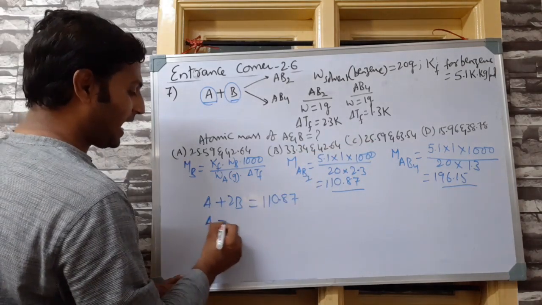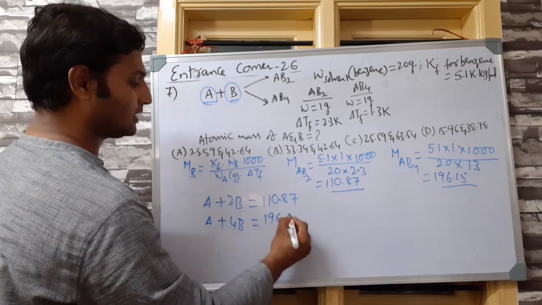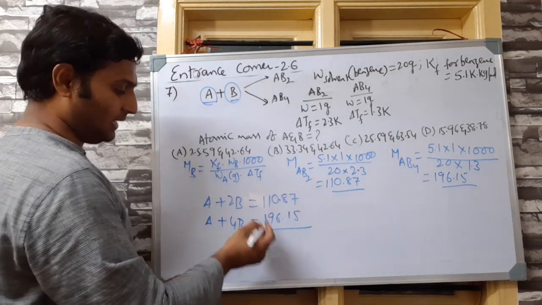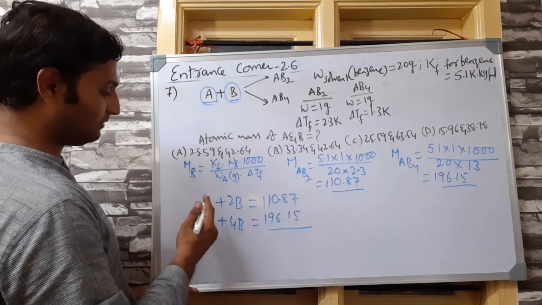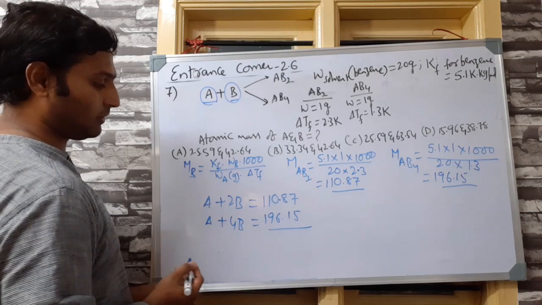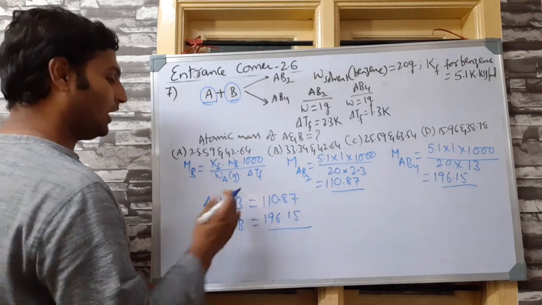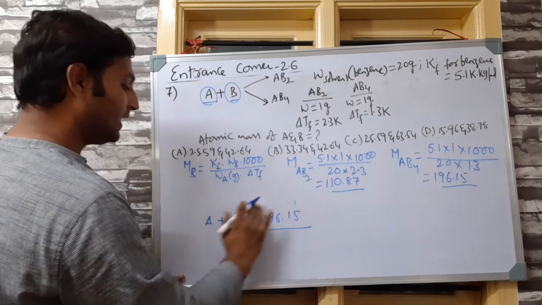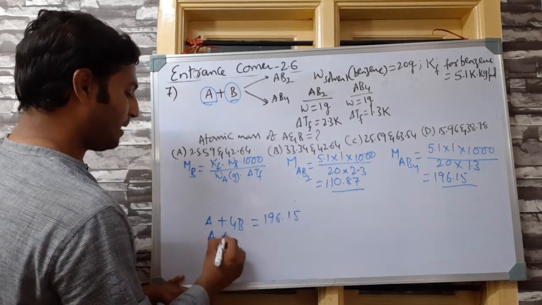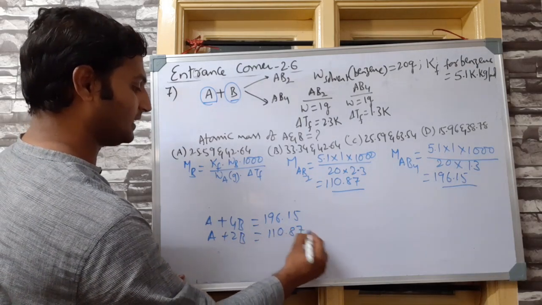Similarly, A plus 4B should be equal to 196.15. Actually I should have taken second equation first so that I can subtract second equation from the first, because I have larger values in this, if you notice. Okay, so let me take the reverse. That is, A plus 4B is equal to 196.15. A plus 2B is equal to 110.87.